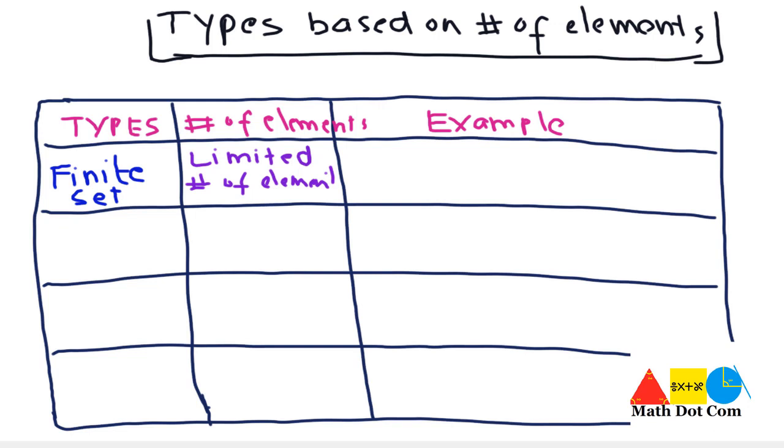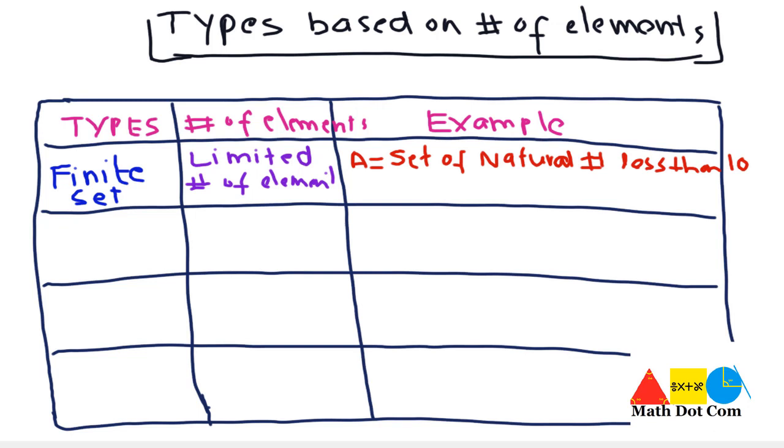Let's take an example. A is equal to the set of natural numbers less than 10. It means it is limited.